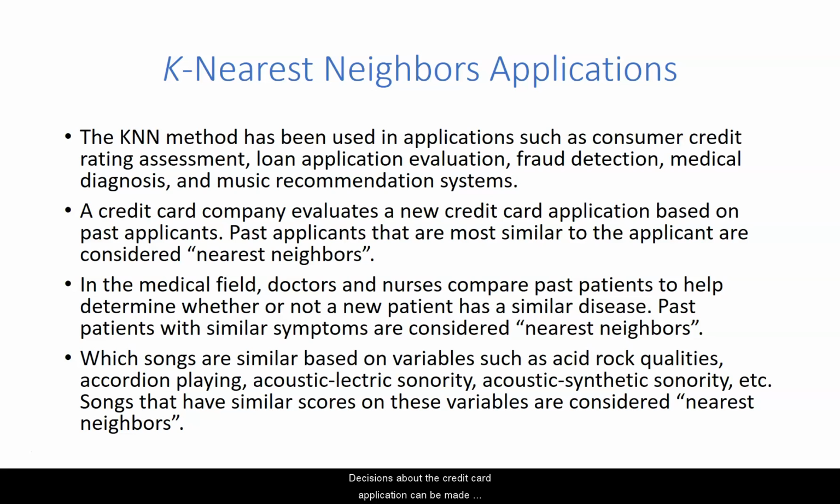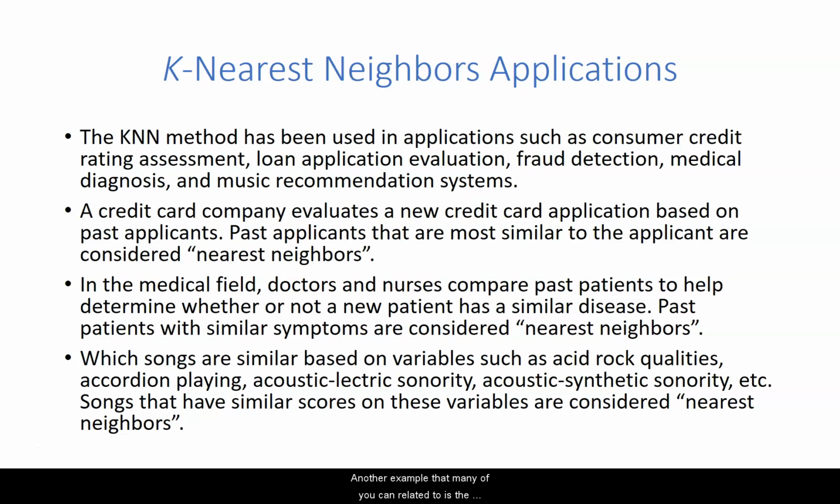Decisions about the credit card application can be made based on how similar applicants behaved in the past. In the medical field, the symptoms of a new patient can be compared to the symptoms of past patients in the database to identify nearest neighbor cases. This will help doctors to reach a diagnosis faster and know what to expect if the symptoms develop.